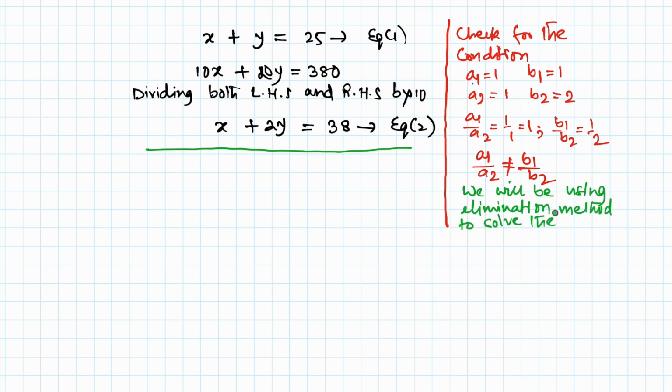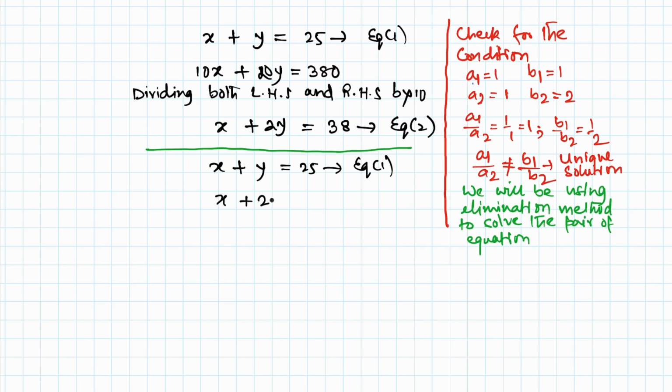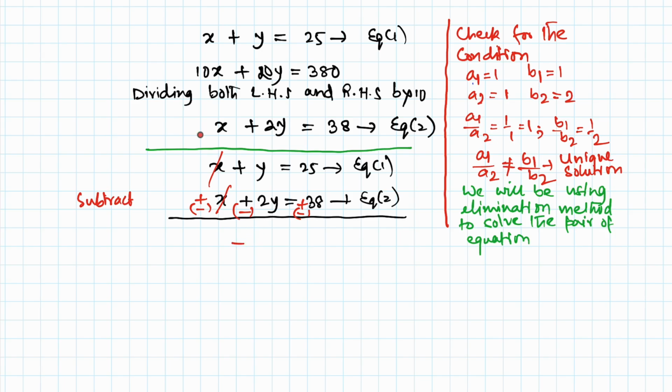And what method will we be using? We'll be using the elimination method to solve the pair of equations, and it will give us a unique solution. So we have to verify it first. So x plus y equal to 25, equation 1, x plus 2y equal to 38, that is equation 2, and we are using the elimination method. So how are we doing it? We are subtracting. That way x gets eliminated.